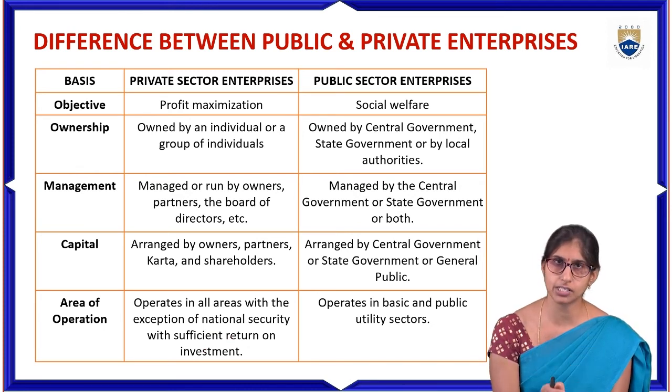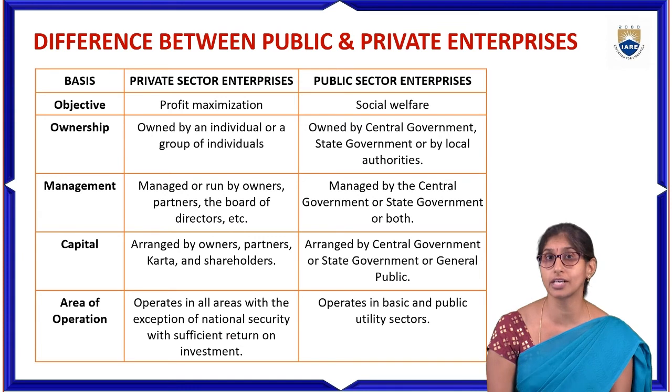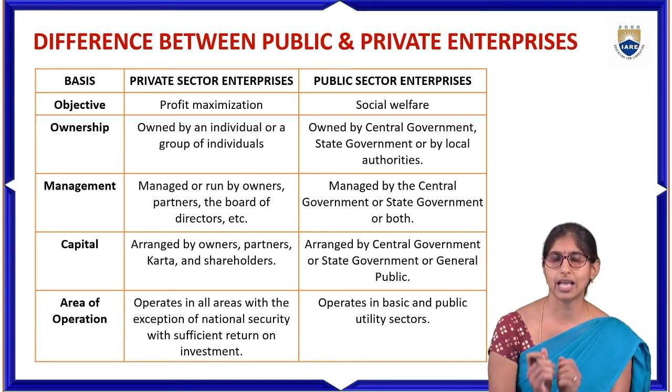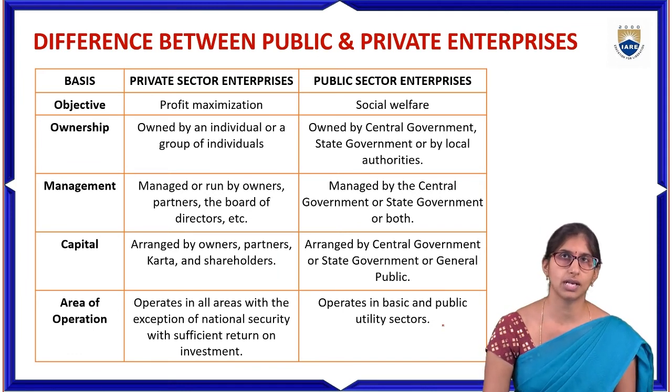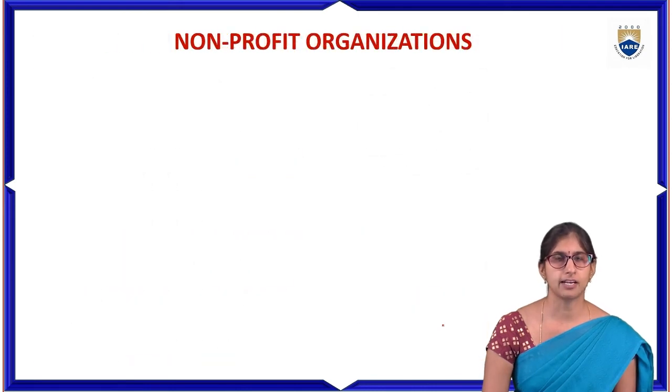So what investment they have made and how much return they are going to earn will be the major motive on the part of private limited companies. But in the case of public limited companies, they operate in basic and public utility sectors. So these are the basic differences between public and private limited enterprises.